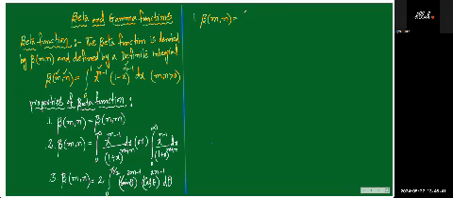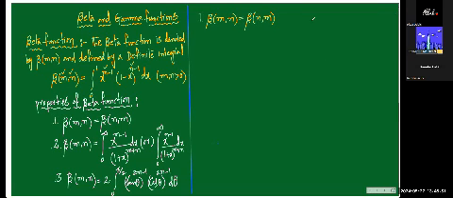And before proving this property, I want to show you some basic formulas of integration, which you have already studied in paper 2B at intermediate level. Those formulas I am writing here.